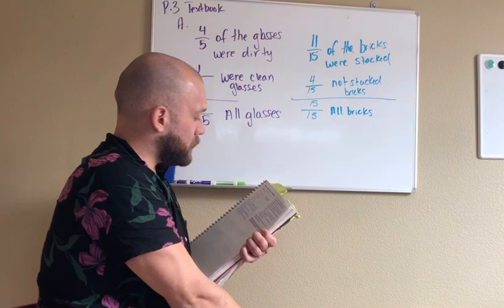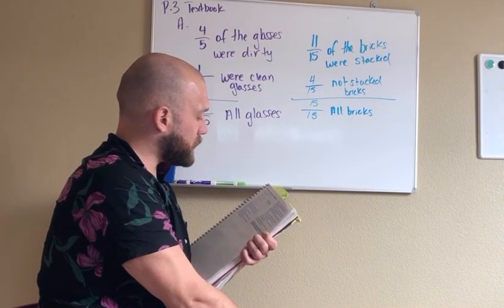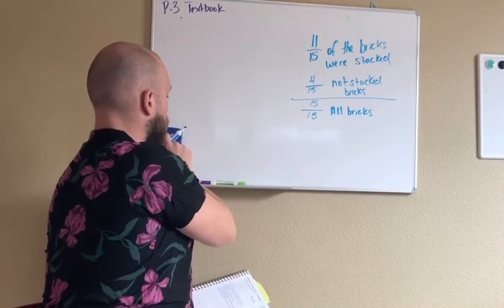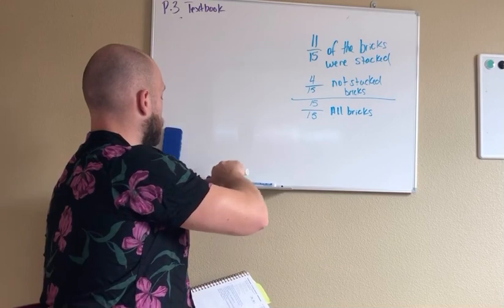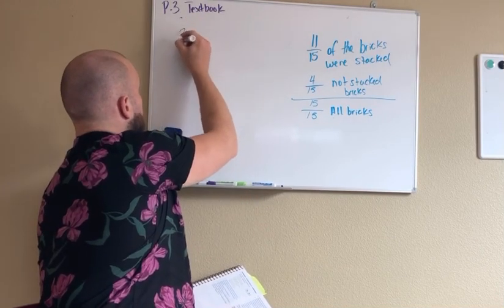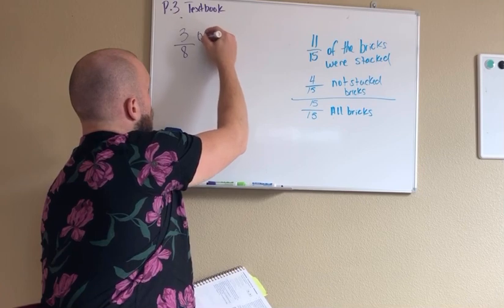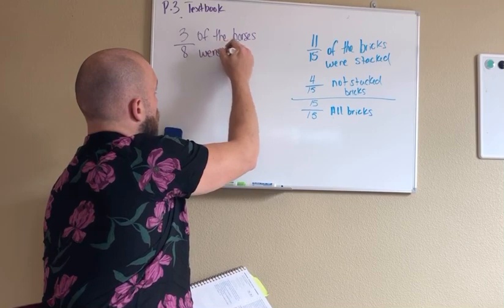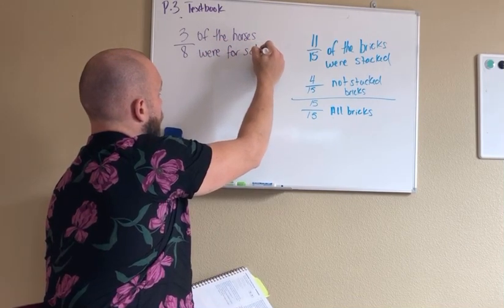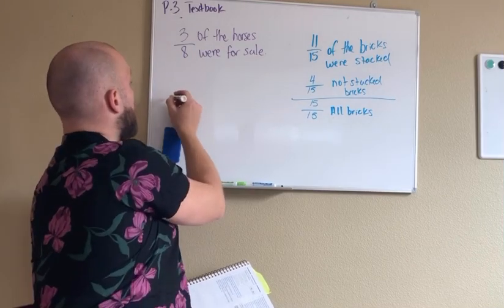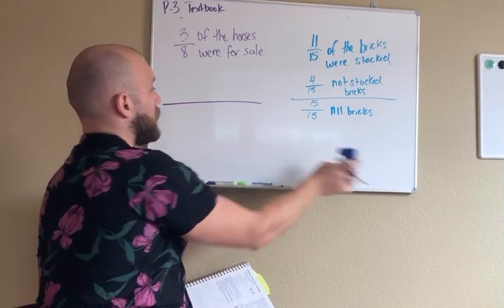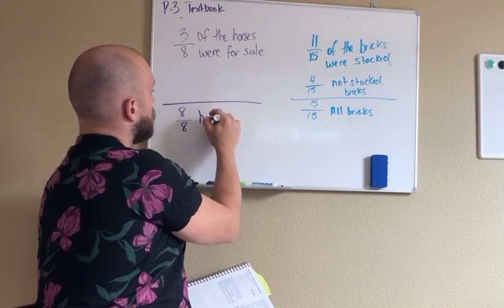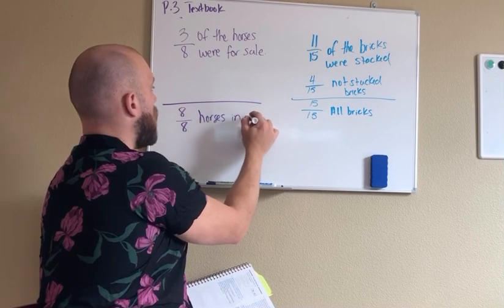All right. Part C is 3/8 of the horses were for sale. I'll erase this one. Three-eighths of the horses were for sale. How many would I have in all? 8 out of 8 horses in all.